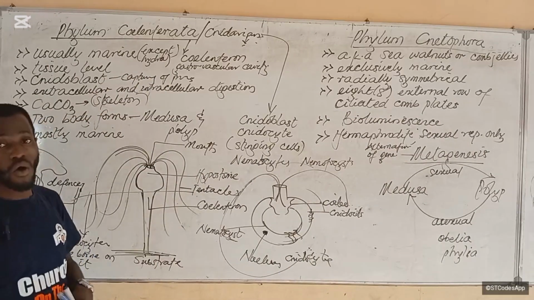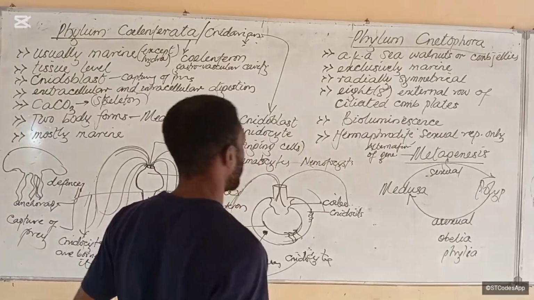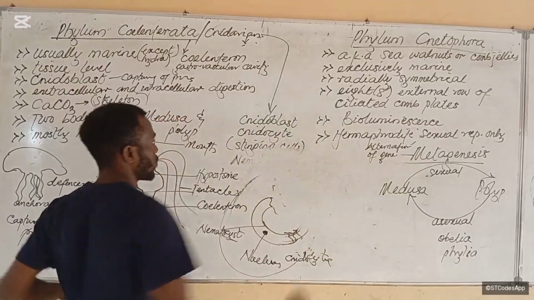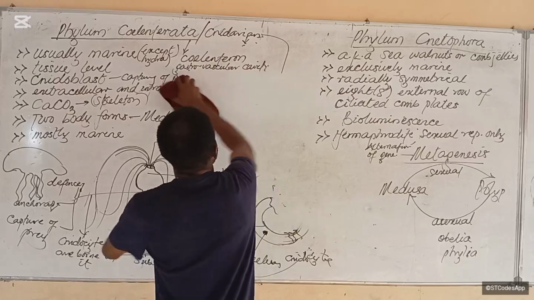So that is that on nidoblasts. Now let's move on from cnidarians. Let's see the ctenophores, the ctenophorans.